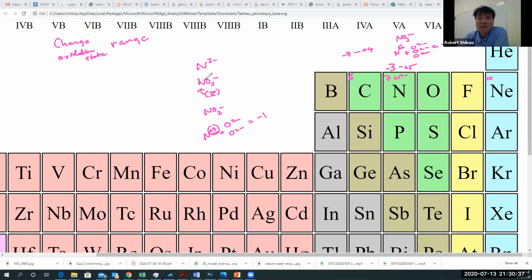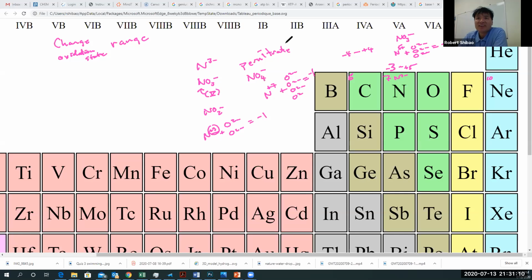So this is nitrate. However, would we expect pernitrate to exist? Now, pernitrate would be NO4 minus. So would you expect pernitrate to exist? In this case, oxygen's -2, so I have 4 of those. Nitrogen is plus something, and then this has got to add up to -1. So -2 times 4 is -8, -8 plus 7.